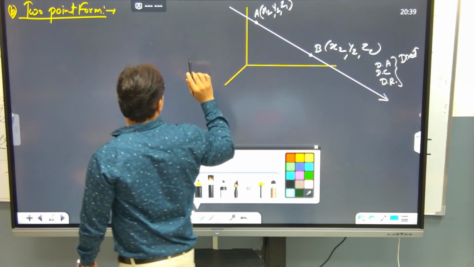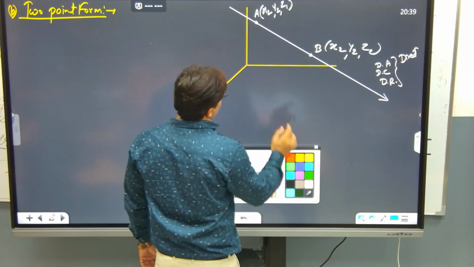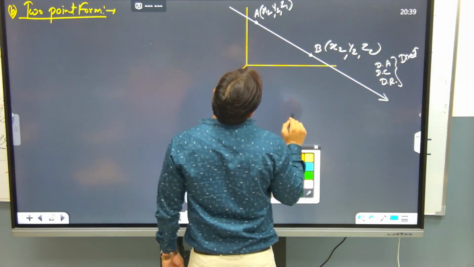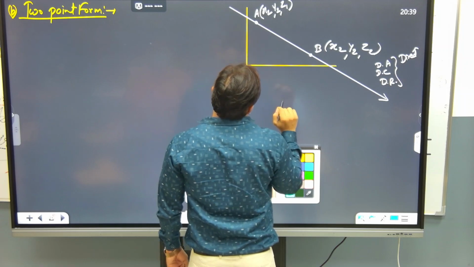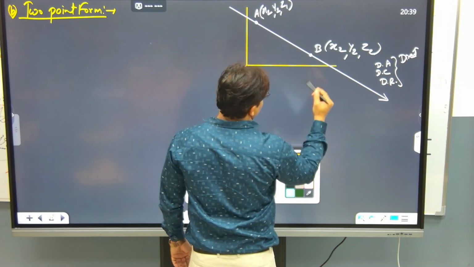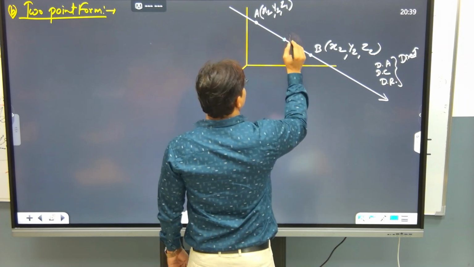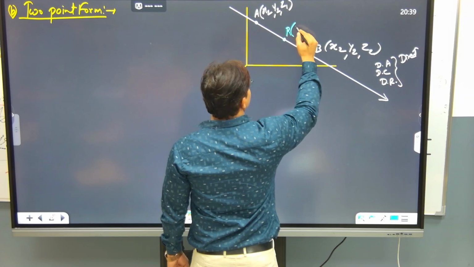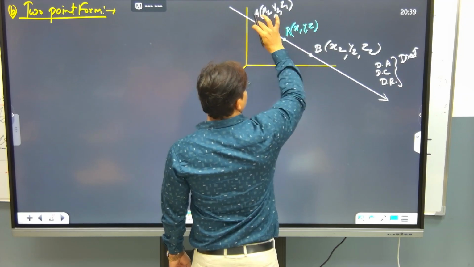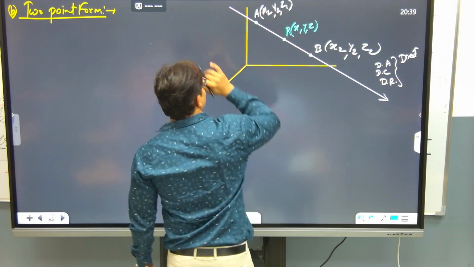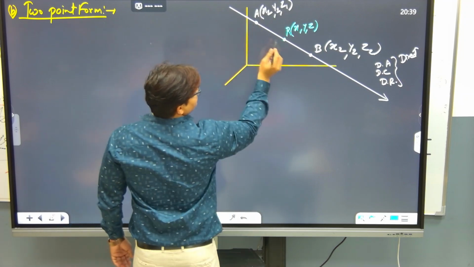So consider any point on this line, on this side or this side. I am making this point here. Consider any moving point R as x, y, z. Now check here the vector AR.